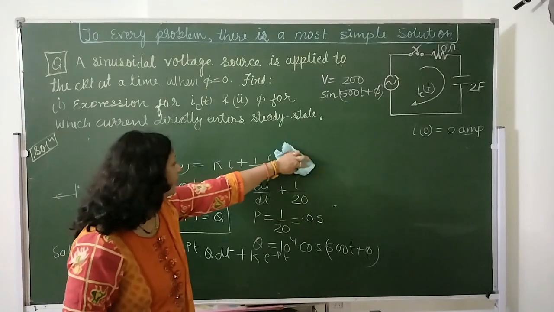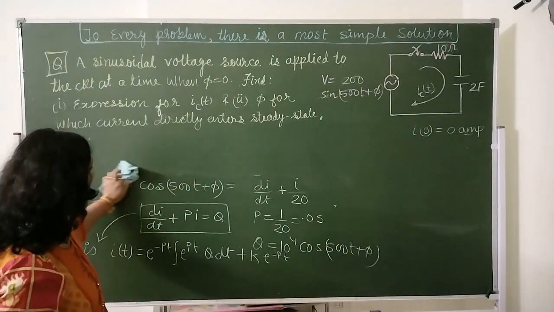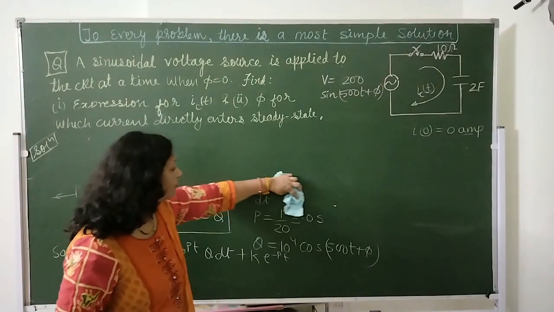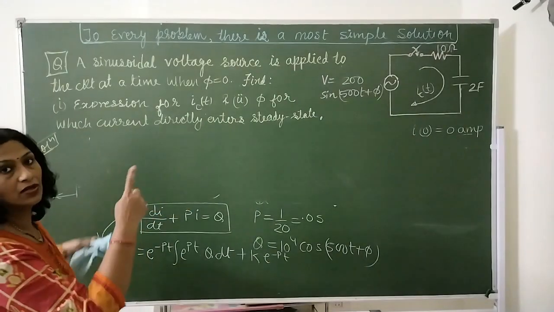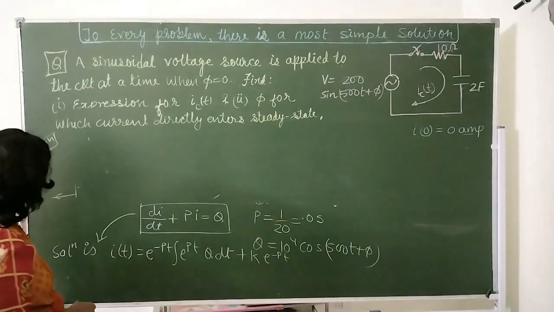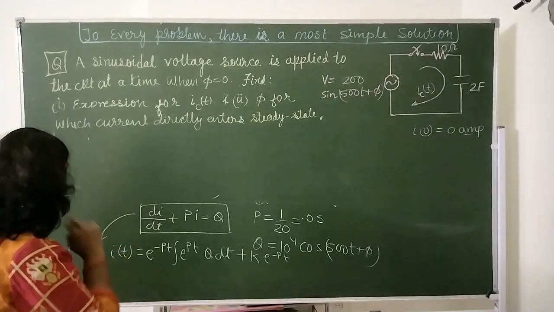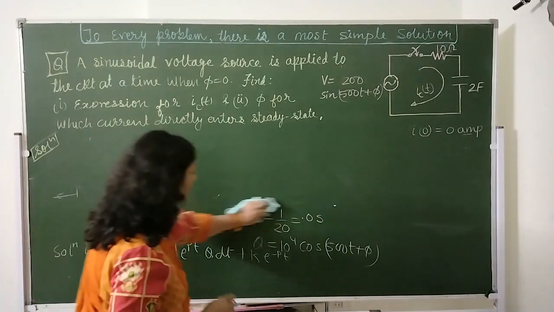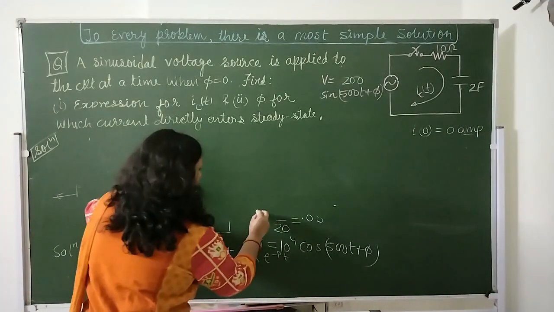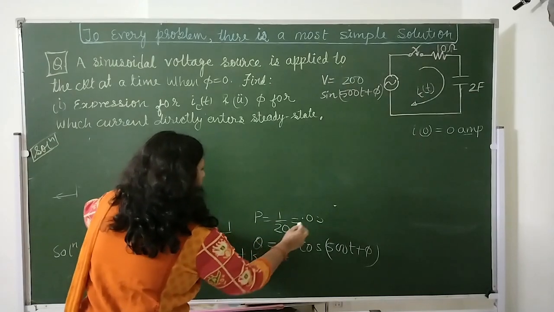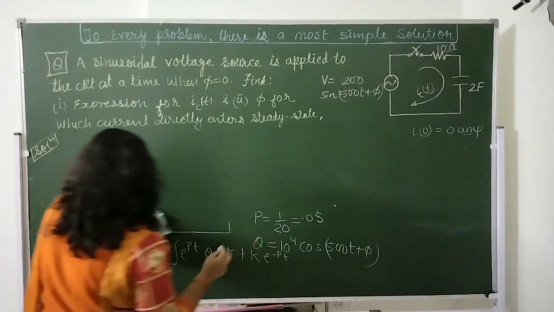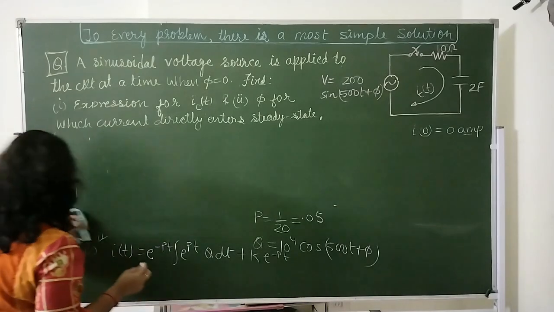Now substitute the values so that we can get the solution of the differential equation which we have written for our circuit. So substitute all the values, P equals 0.05 and Q equals this.